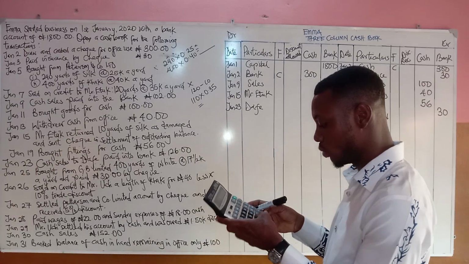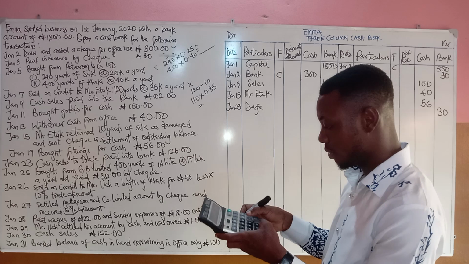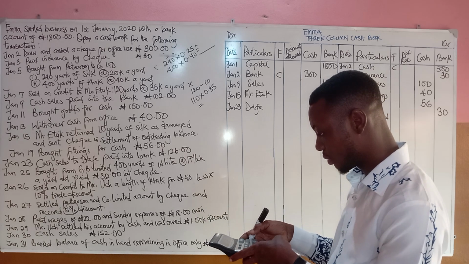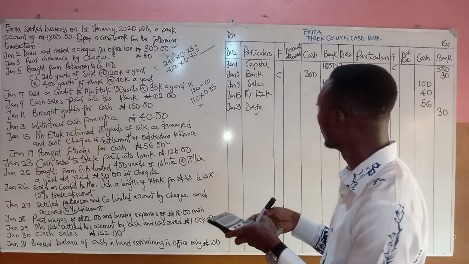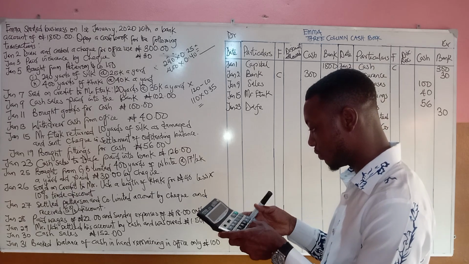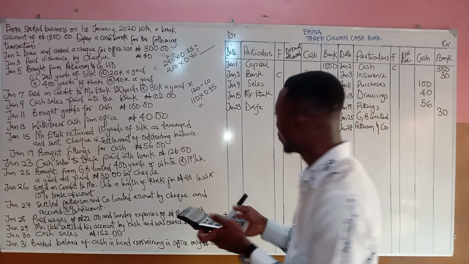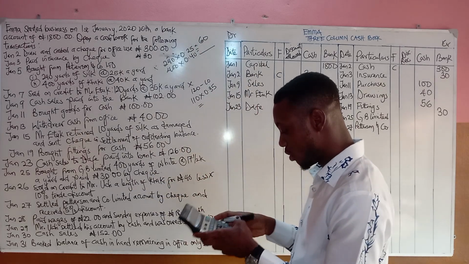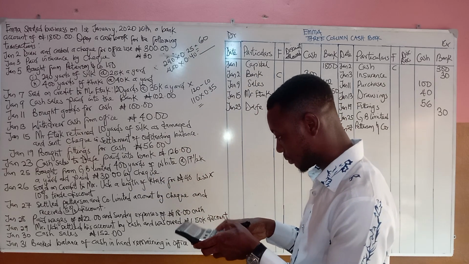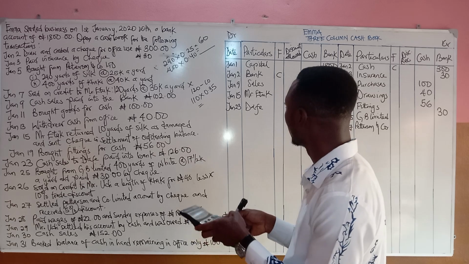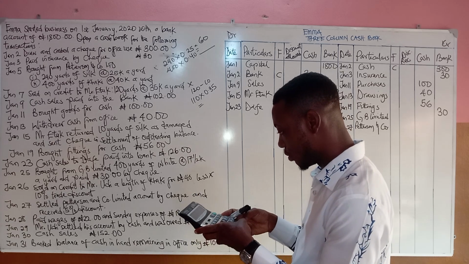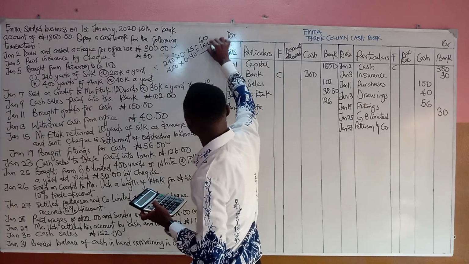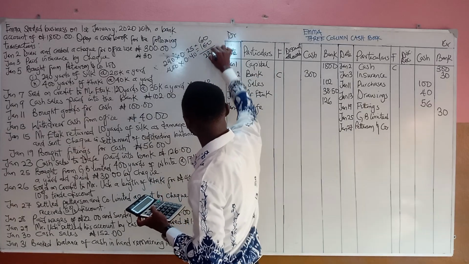I have 240 multiplied by 0.25. This will give me 60 naira. Then I have 400 multiplied by 0.40. This will give me 160 naira. If we add, this will give me 220.